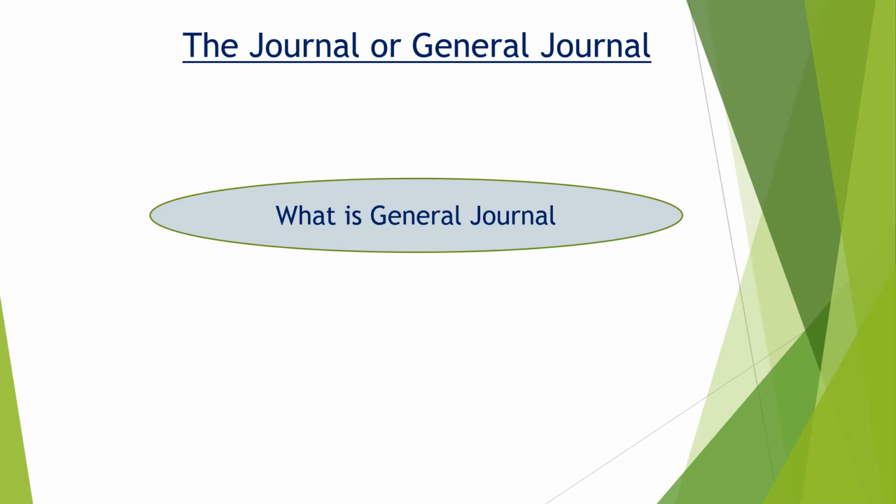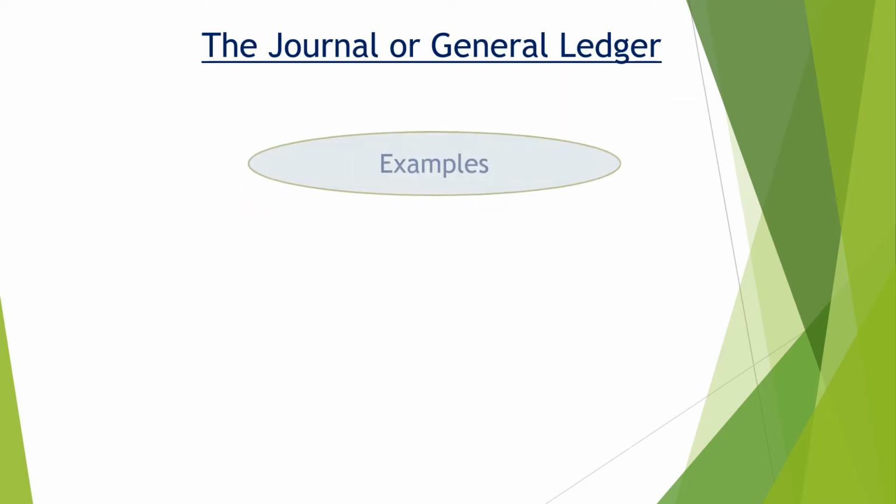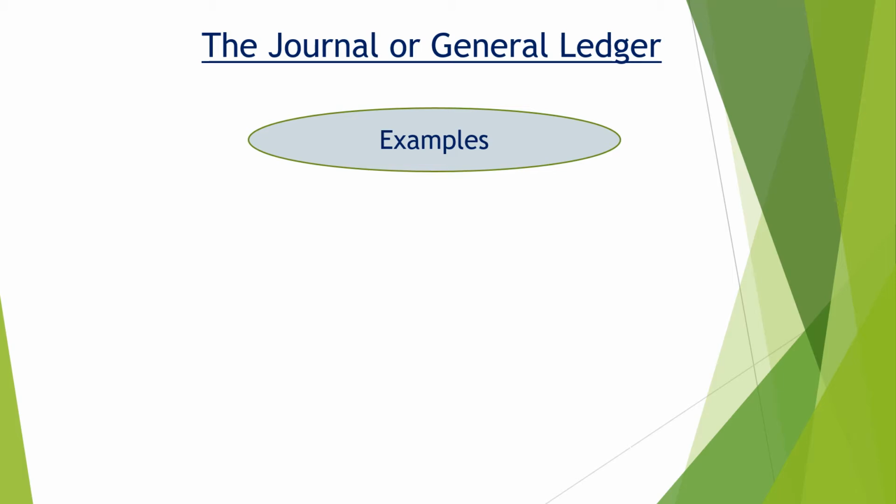Normally, those categories of transaction which do not fit in any of the previous books of prime entry are recorded in the journal. We can have a look at a few examples.